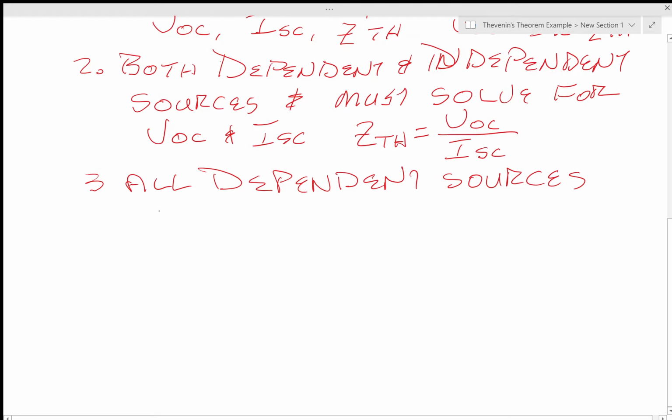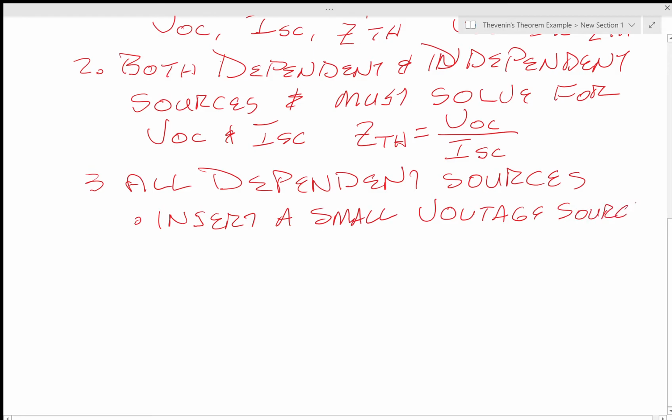You insert a small voltage source and solve for the current through the voltage source.